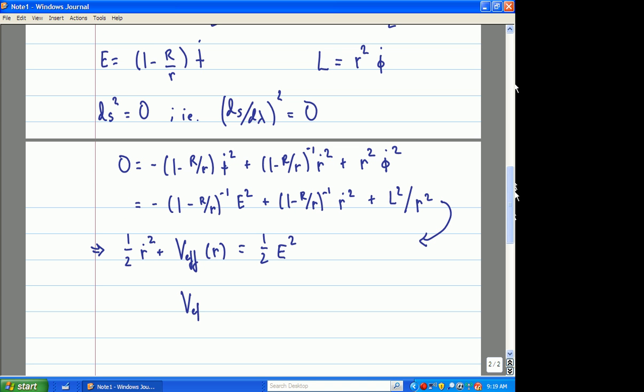You get that V effective is equal to L²/2r² minus (L²/r²)/2 times (1 minus R/r), which is L²/2r² minus R L²/2r³. Is that clear?